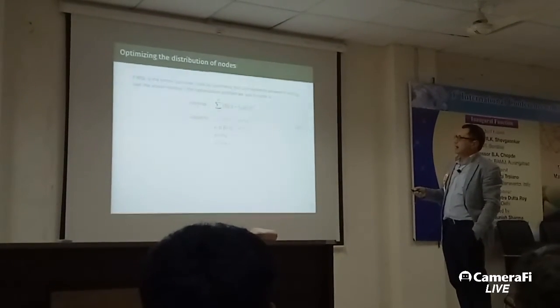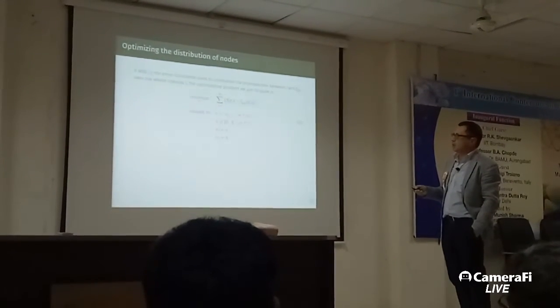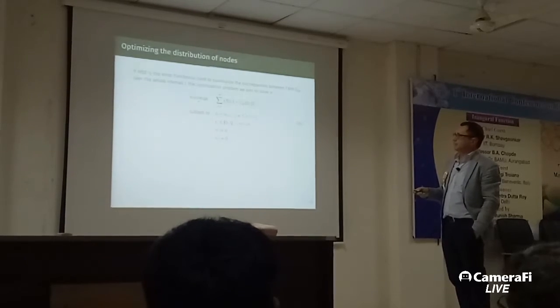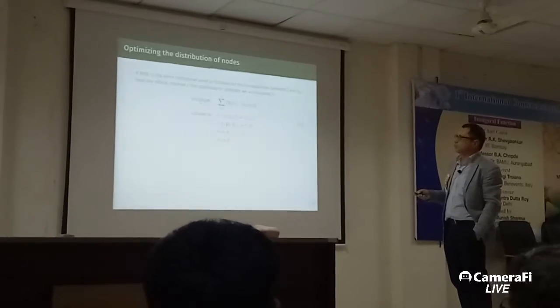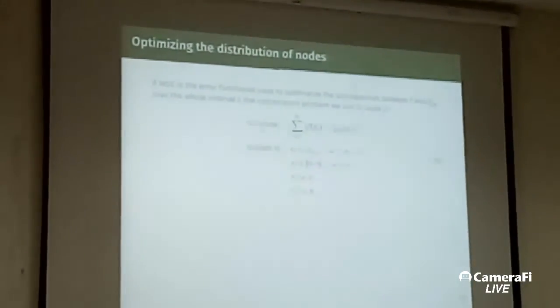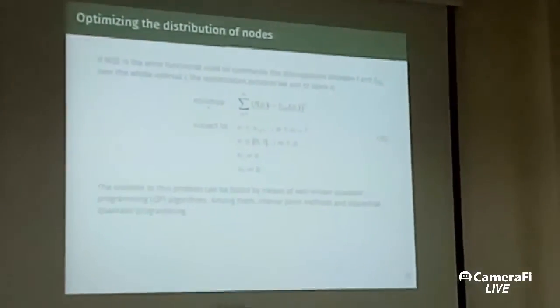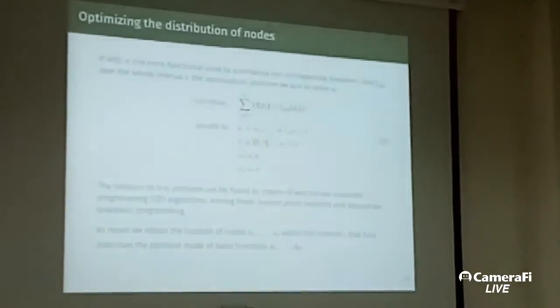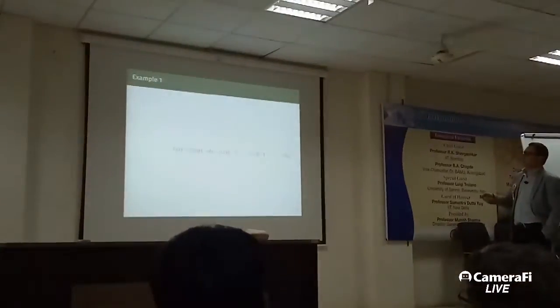The constraints are that the nodes must be ordered, they must belong to the unit interval, and x1 is equal to A, xn is equal to B. Let's say that this is only for computation reasons, because after that we are able to proportionally distribute over any interval. So, just using a quadratic programming algorithm, we are able to solve the problem, and at the end of the optimization problem, we get a distribution of nodes that minimizes that error.